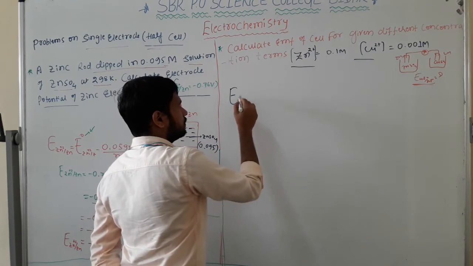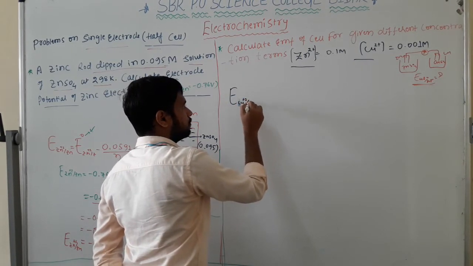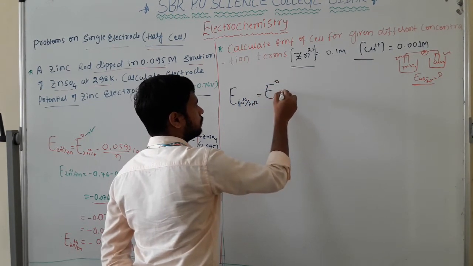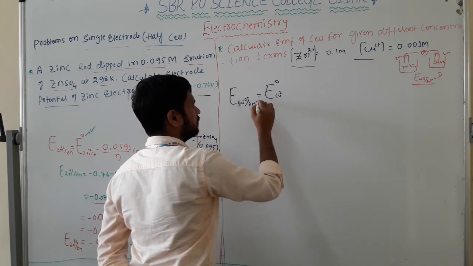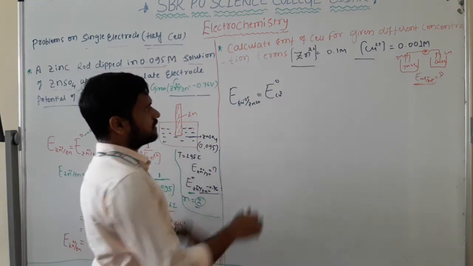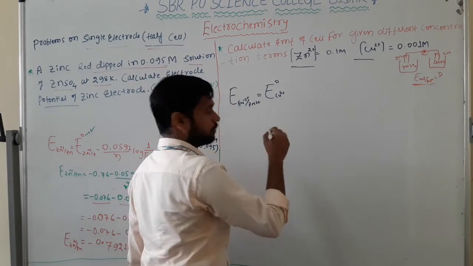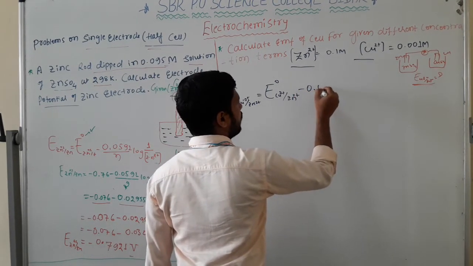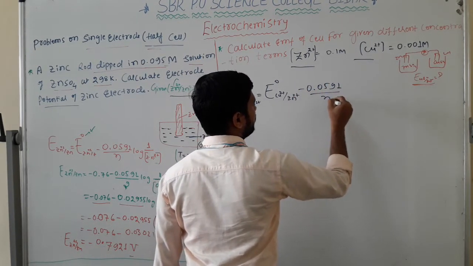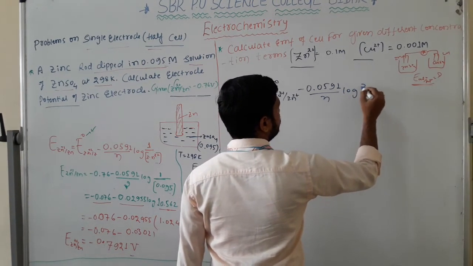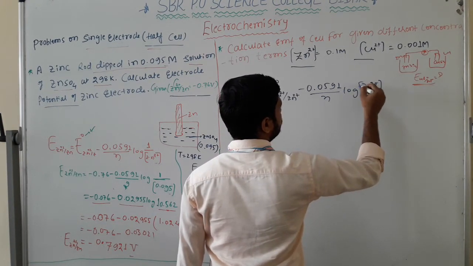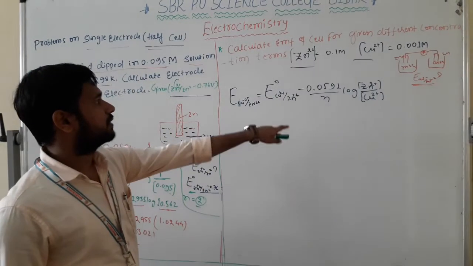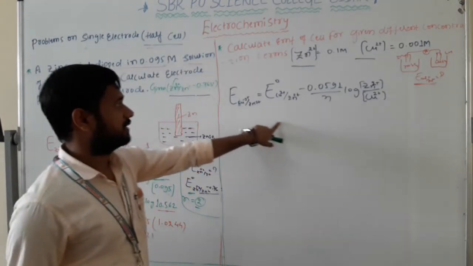E of Cu2+ Zn2+ equals E naught of Cu2+ Zn, minus 0.0591 divided by n, log of Zn2+ over Cu2+. Some reference books write 2+ or +2, whatever. This is your expression. What I have to do is insert the values here.